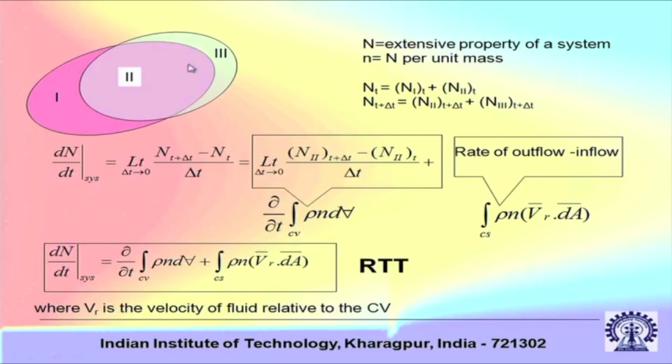On the other hand, the region with the sky blue color is the configuration of the system at time t plus delta t.